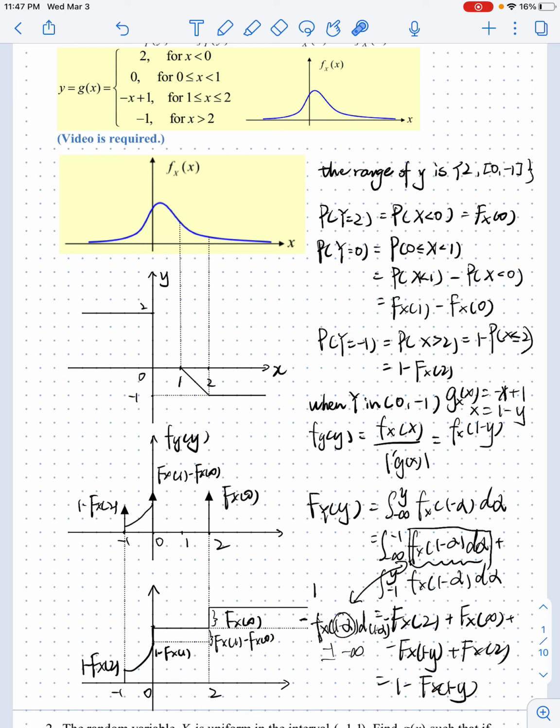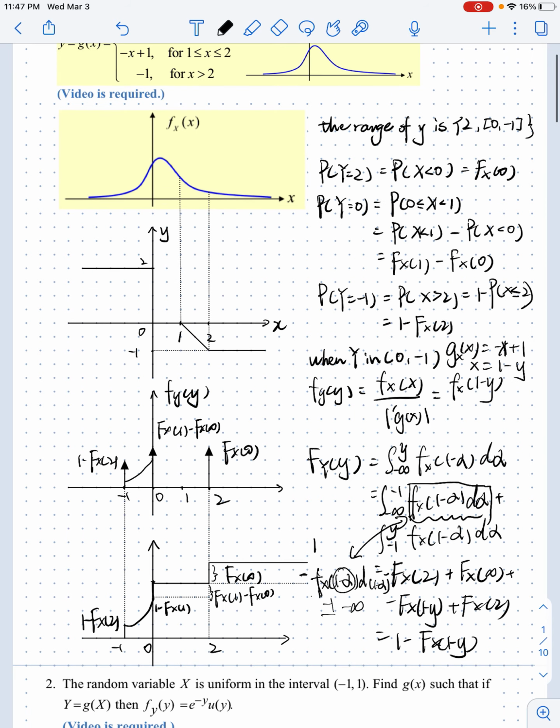So the shape of the function would be the same as this part. And then when y is 0, there will be another delta function, and the area is Fx(1) minus Fx(0). When y is 2, there will be another delta function, that is Fx(0).